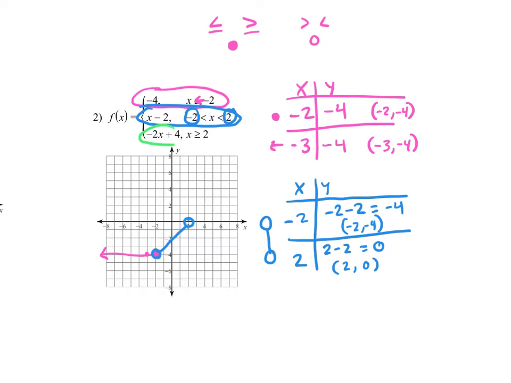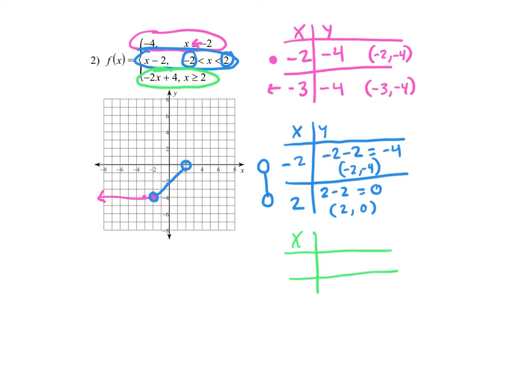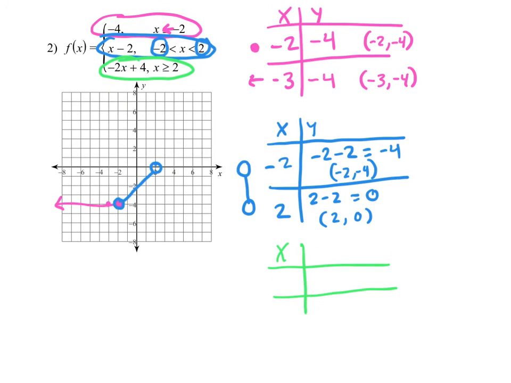Yep. So let's look at our third piece. What's the first number we're going to plug into our third piece? What are we going to plug in here? 2. We always plug in what it gives us. So we plug in 2. Are we going to have an open circle or a closed circle here? A closed circle, because it's greater than or equal to.